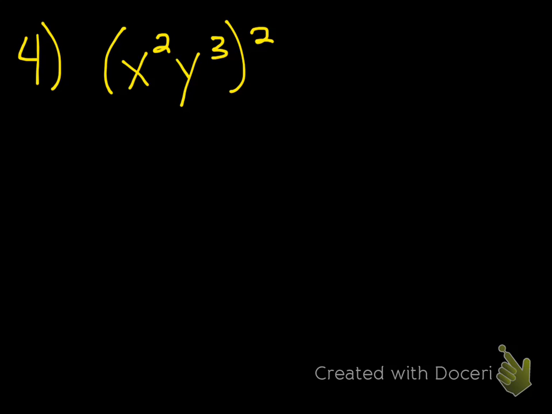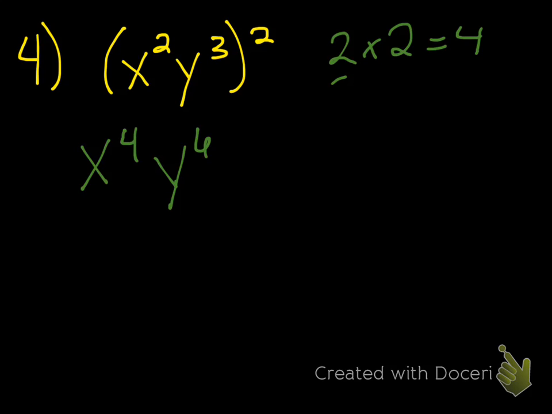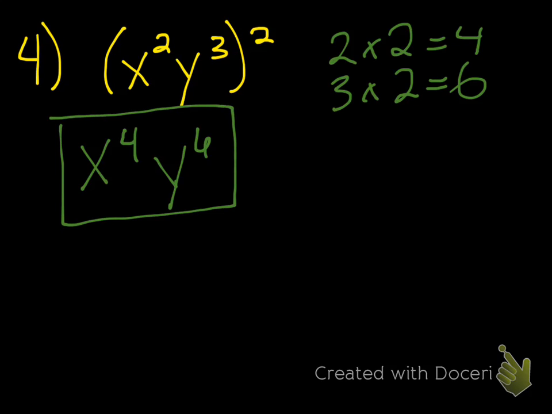Remember, when you're raising a power to a power, you multiply. So x squared squared is x to the 4th power, and y cubed squared is y to the 6th power. So I did 2 times 2 to get the 4, and I did 3 times 2 to get the 6. Okay, so this one wasn't too hard.